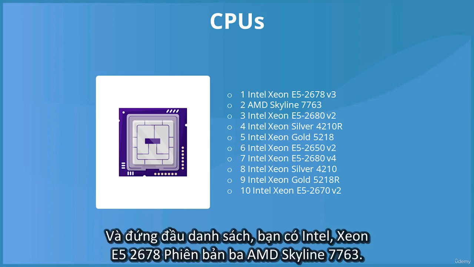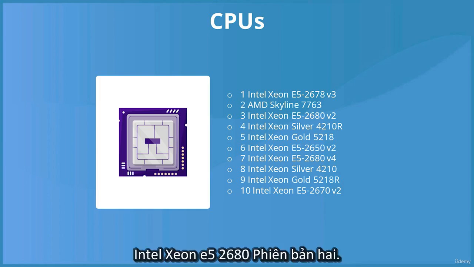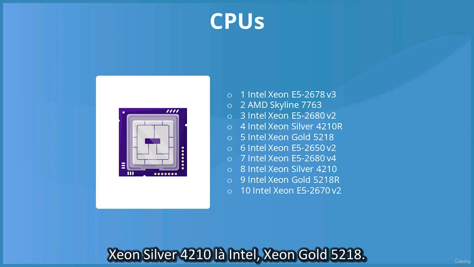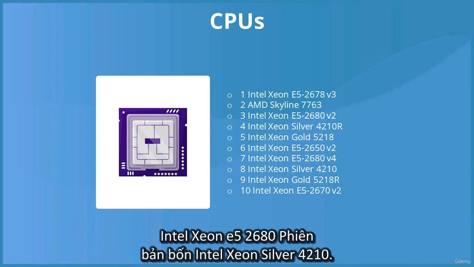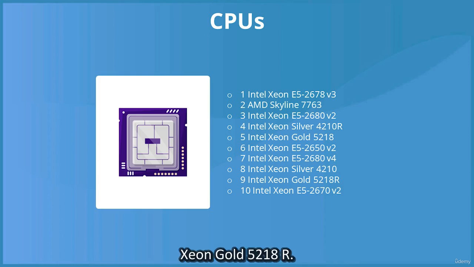At the top of the list, you've got Intel Xeon E5 2678 v3, AMD EPYC 7763, Intel Xeon E5 2680 v2, Intel Xeon Silver 4210R, Intel Xeon Gold 5218, Intel Xeon E5 2650 v2, Intel Xeon E5 2680 v4, Intel Xeon Silver 4210, Intel Xeon Gold 5218R, and finally, Intel Xeon E5 2670 v2.